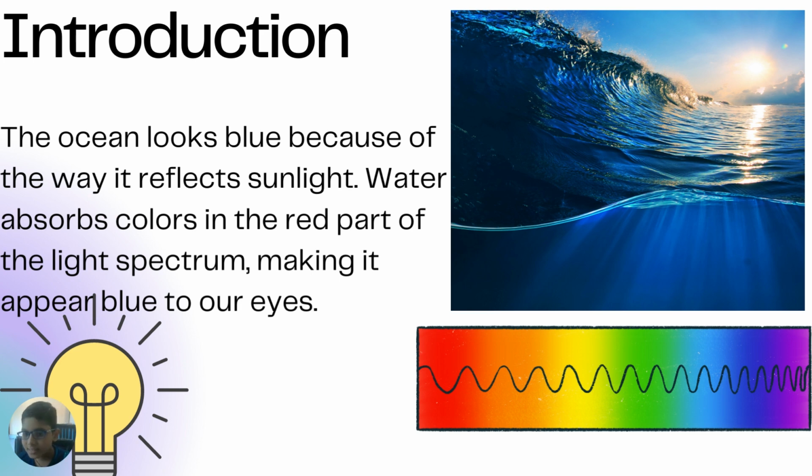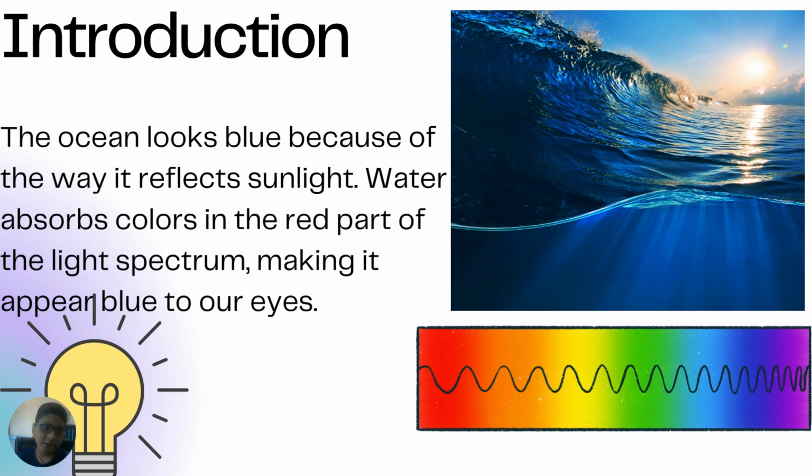Because of this light spectrum, we are able to see that the water is looking blue. How? Because there are different molecules in water. They are the reason for that.